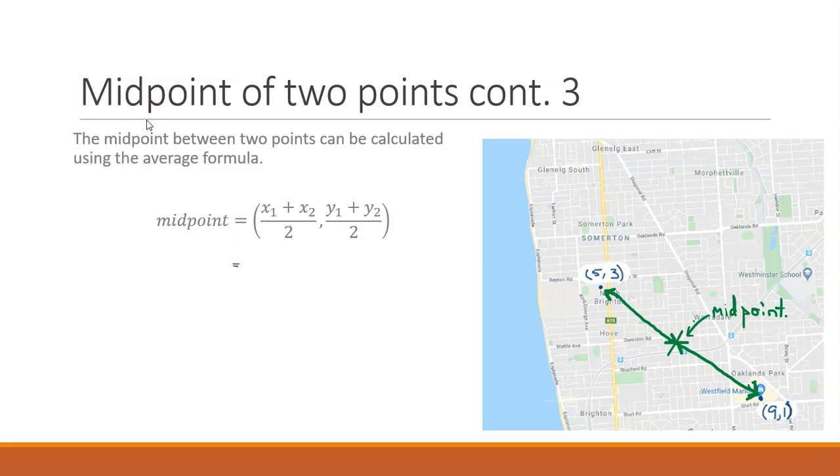Similar to the last time, it doesn't actually matter what we decide is point 1 and what we decide is point 2, because we're simply adding them both together. We just have to make sure that we're adding the x values together and the y values. So we'll say 5 plus the 9 here, divided by 2, and then 3 plus 1 divided by 2.